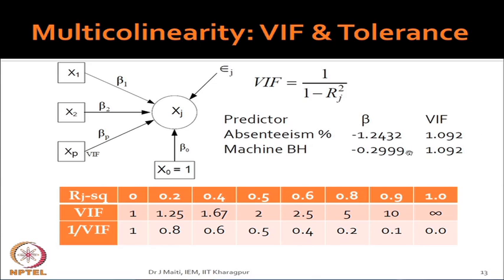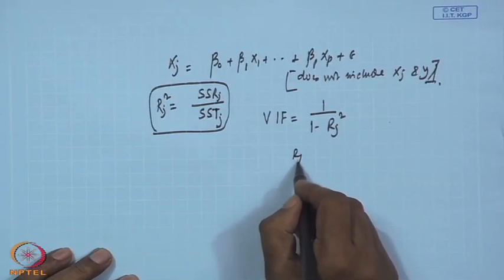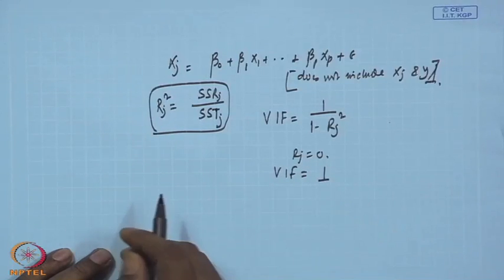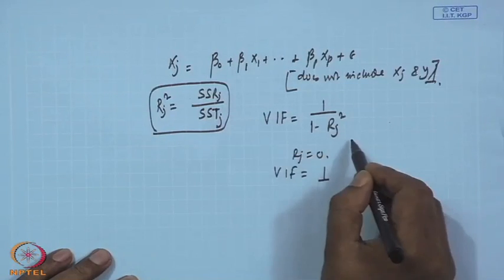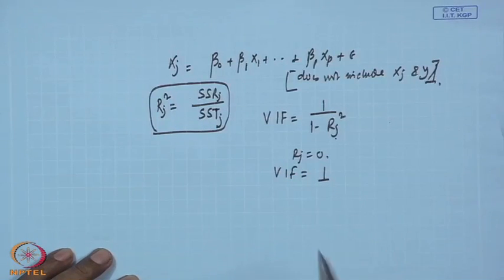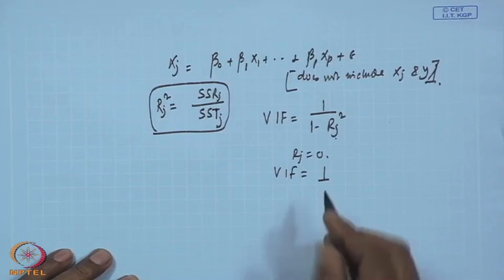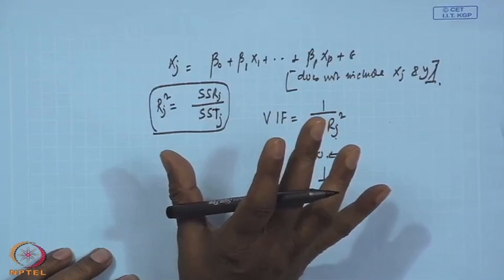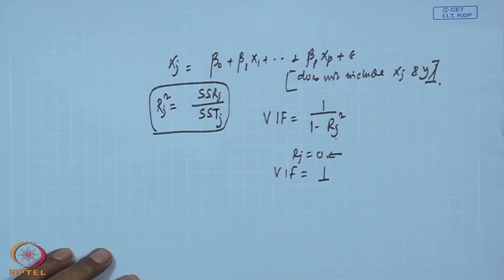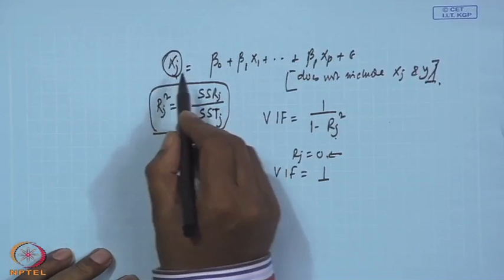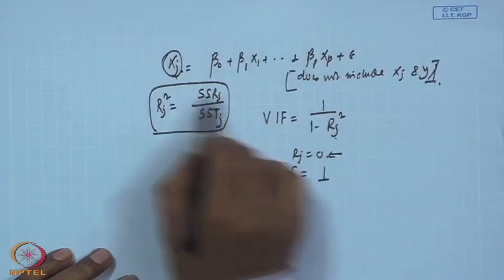So if Rj is 0, then VIF will be equal to 1, and we want this 0 value, that is the best value, because Rj 0 means no correlation. Rj is 0 means xj is not dependent on the other independent variables.